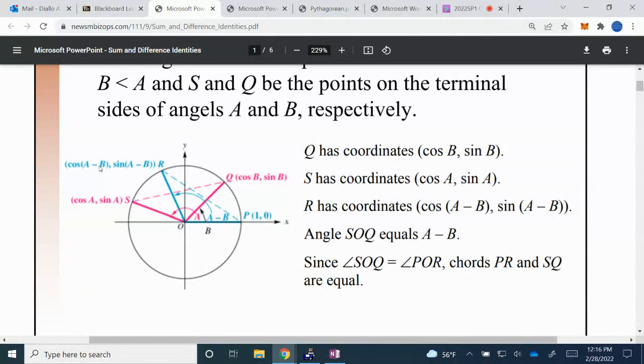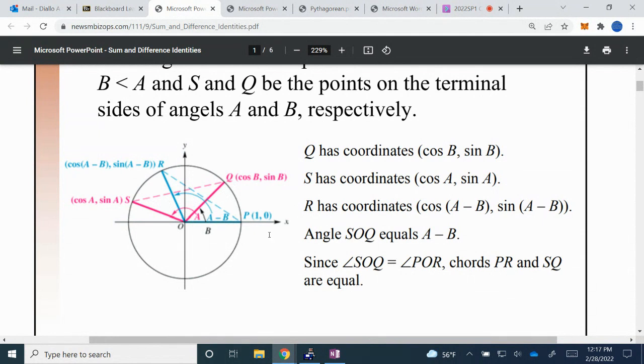Angle SOQ is equal to A minus B. Since SOQ and POR are equal, we can set the chords equal to each other.